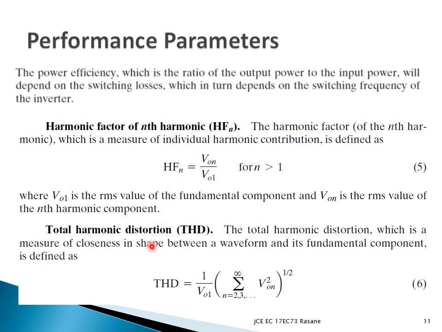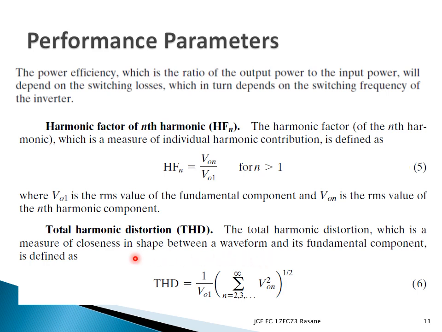And then we have one more term called the THD, the total harmonic distortion, which is a measure of how close in shape a waveform is to its fundamental component.